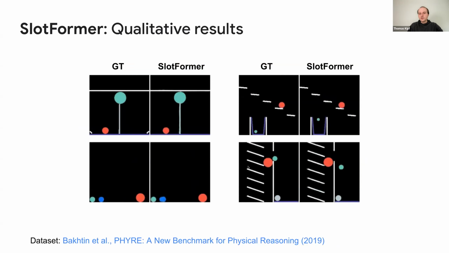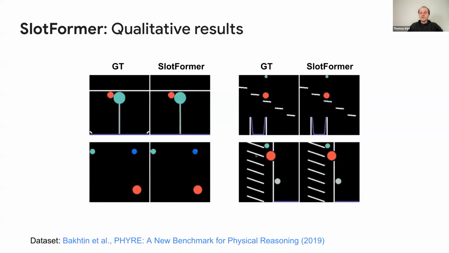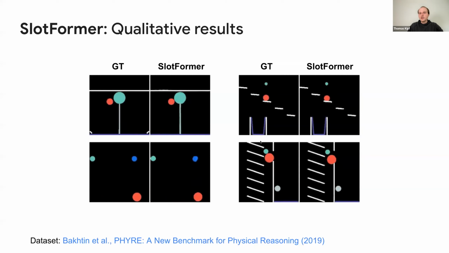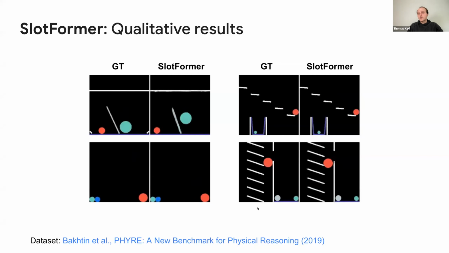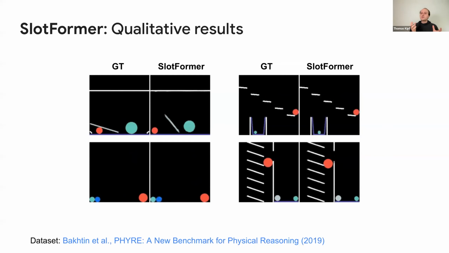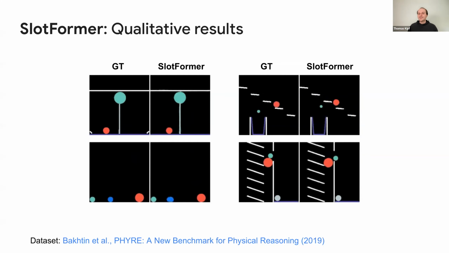But if you don't choose enough object slots, what the model effectively does, for example, in this case, is group many of these environmental objects into just a single slot. If it doesn't have enough slots, it has to make use of whatever capacity it has to group the things it has in the environment. If you give it too many slots, then there's a number of failure modes that can happen.